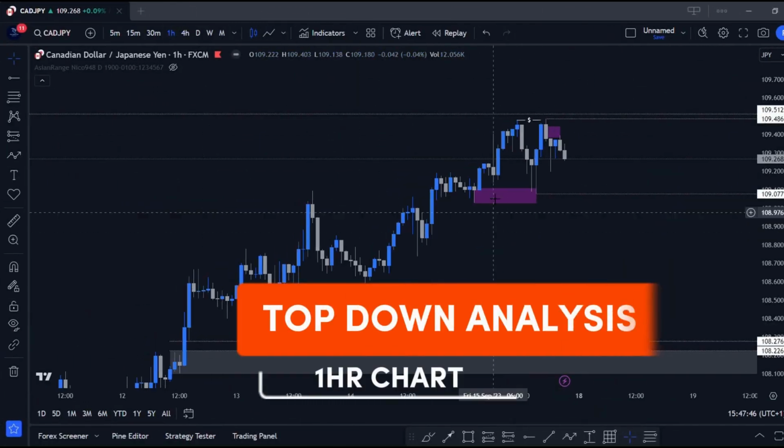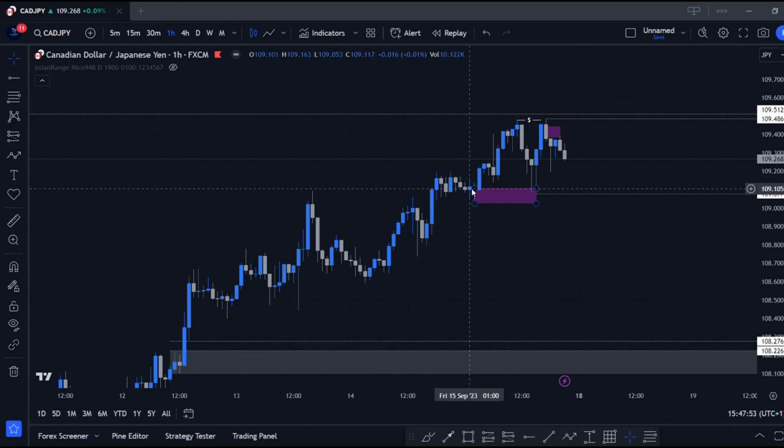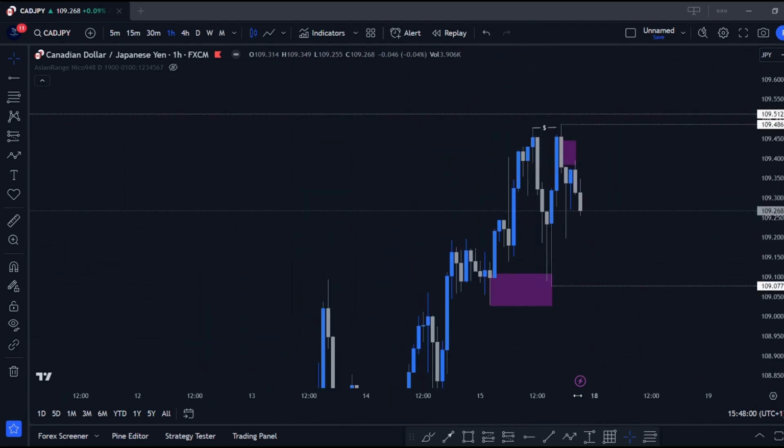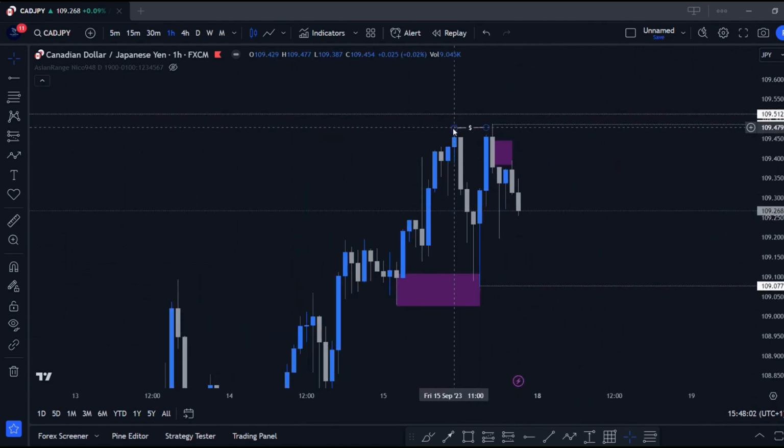Now going on to the 1 hour, as you can see, this was a nice reaction where price came down and mitigated this order block to push to the upside here. Then price failed to break above this swing.